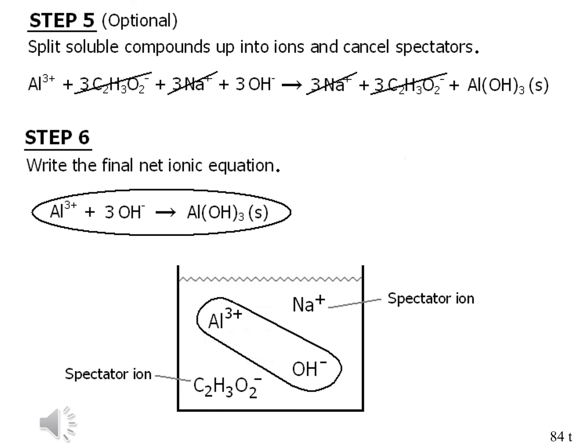Now, if you wanted to turn this into what we're going to talk about next, you want to turn it into an acid-base reaction. Why is that a double displacement? All you would have to do was, instead of using Al3+, you could put in H+ as the positive ion.